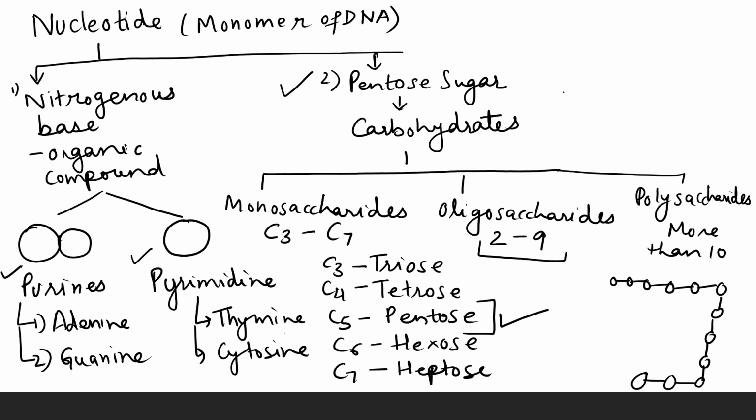So now you have a little clarity regarding the second thing of this monomer that we need to make a nucleotide, that is pentose sugar, a chain of 5 carbon. Is it clear to you all? So second thing is a pentose sugar we need to make a nucleotide. Now we need to understand a little bit more about the structure of pentose sugar. So let's first try to understand that.